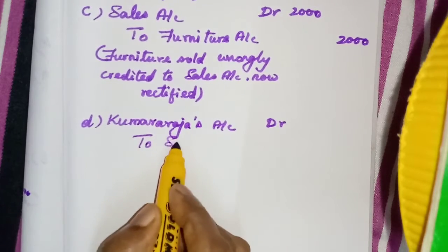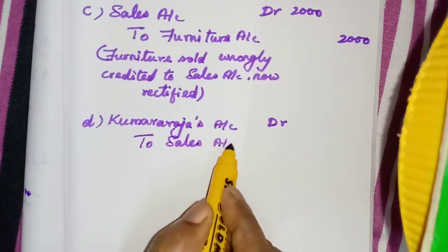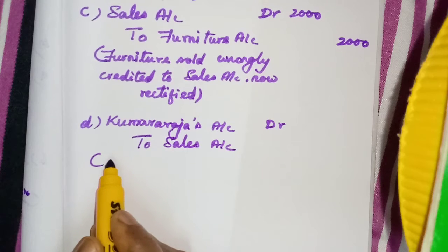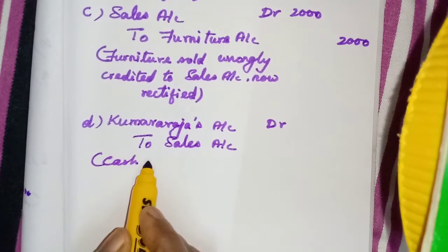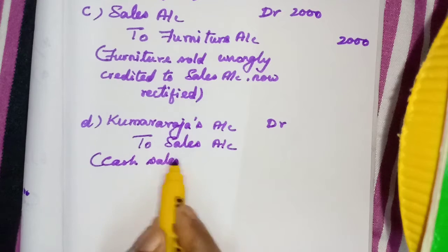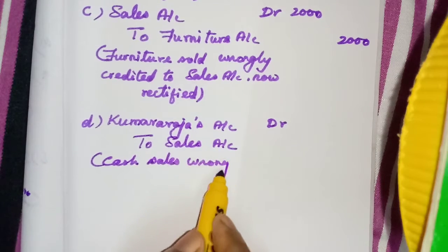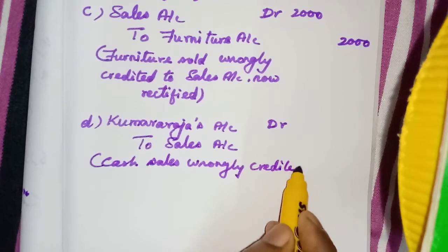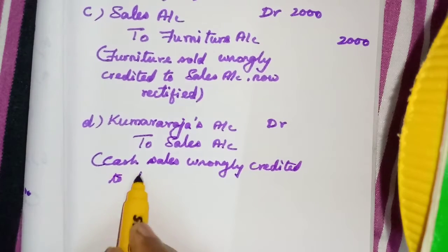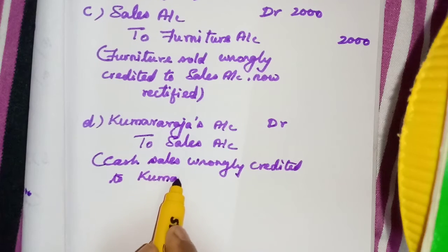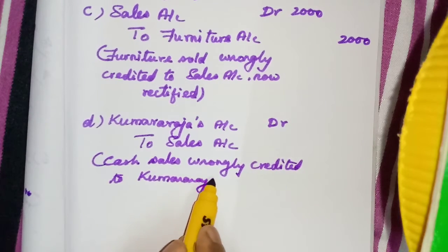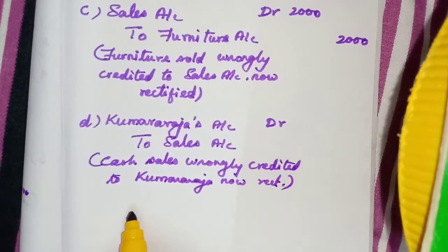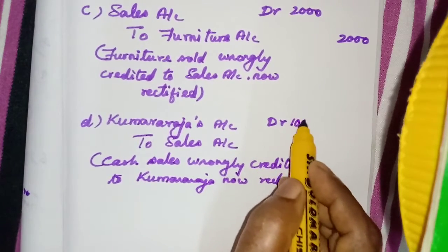Sales must be credited. Cash sales wrongly credited to Kumar Raja, now rectified. Okay, amount 10,000.